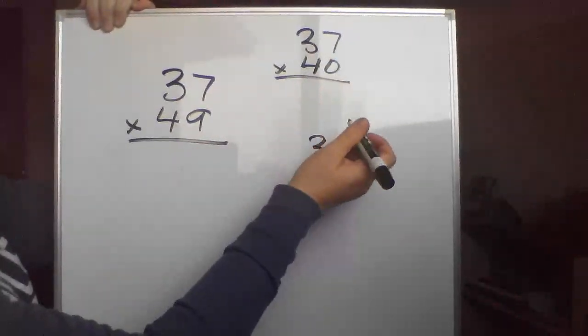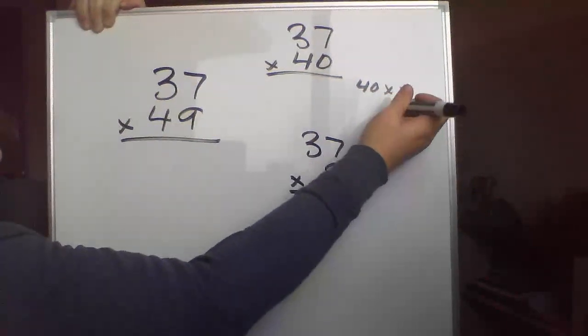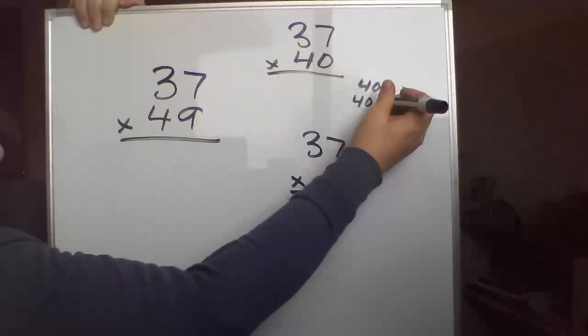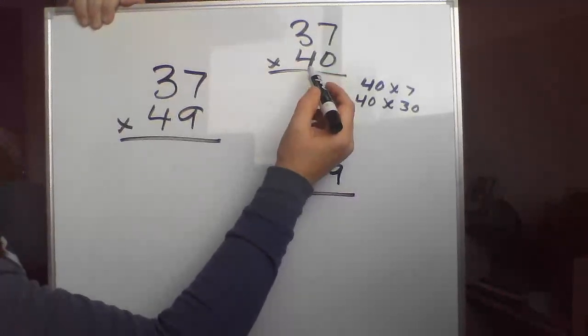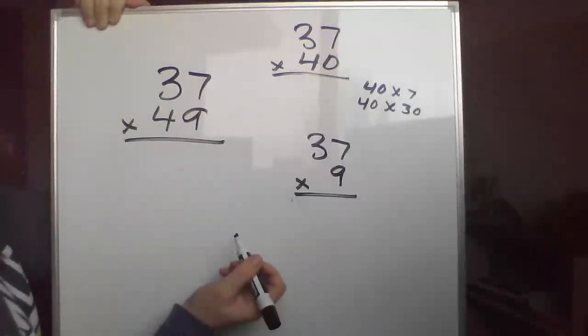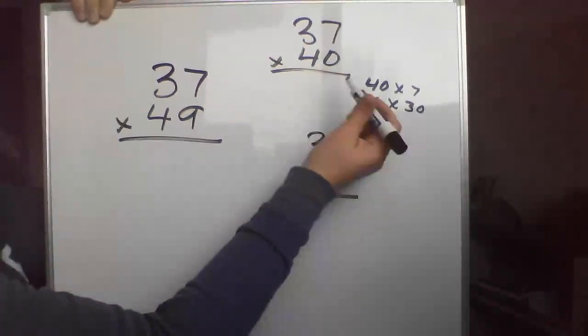So 37 times 40, we can think 40 times 7 and 40 times 30. So we know that 4 times 7 is 28.